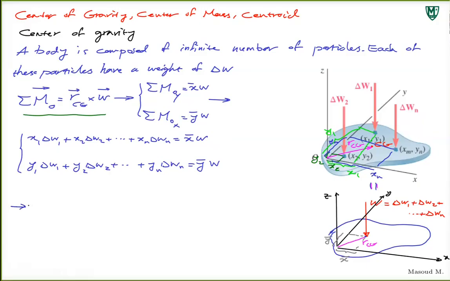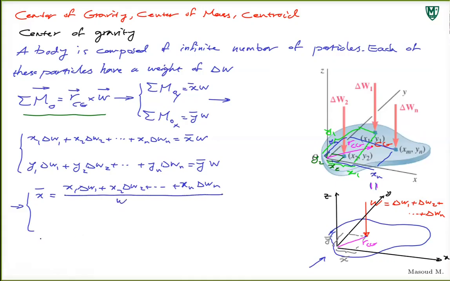That means, remember, we are trying to find where we should put the center of gravity, which means we are looking for X bar and Y bar. So if I take them out, X bar is going to be X1 delta W1 plus X2 delta W2 through Xn delta Wn, divided by W. Right?